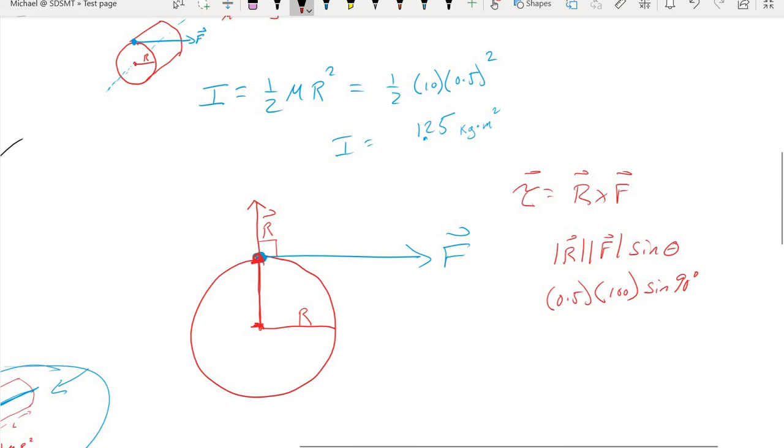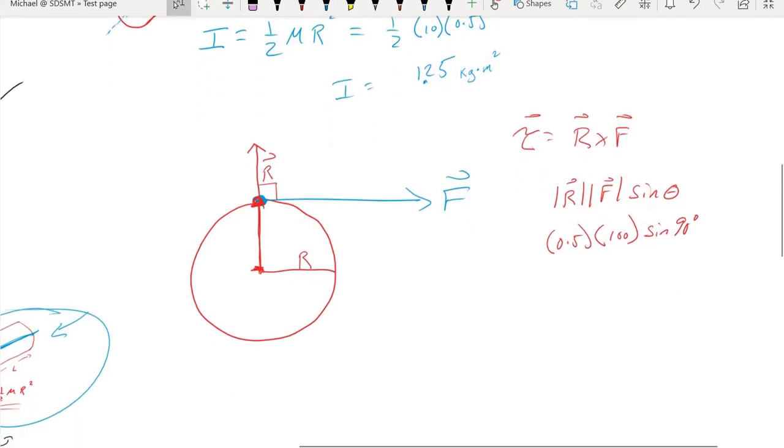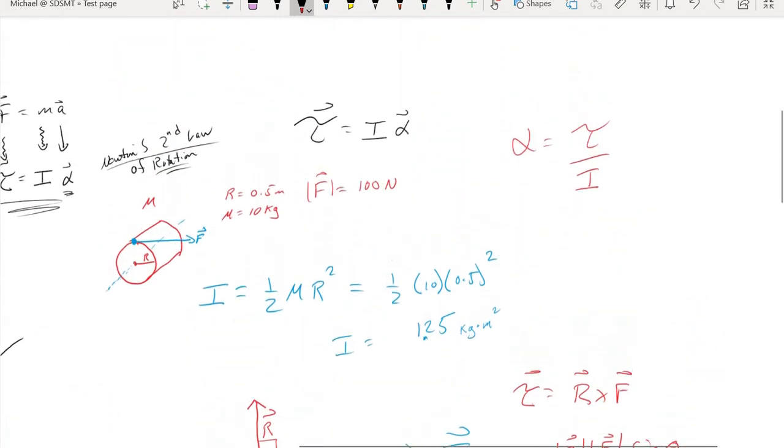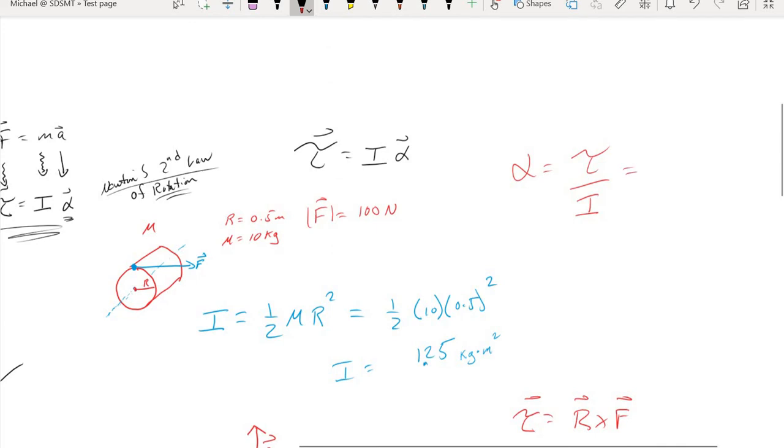Angle between the vectors is 90. Sine of 90 is 1. And so we have a torque of 50 Newton meters. And we're home free. We have 50 Newton meters for the torque.